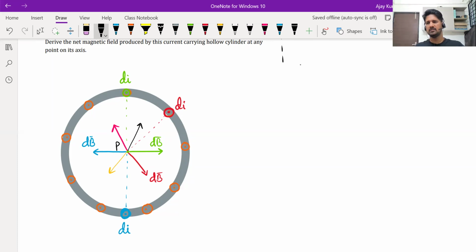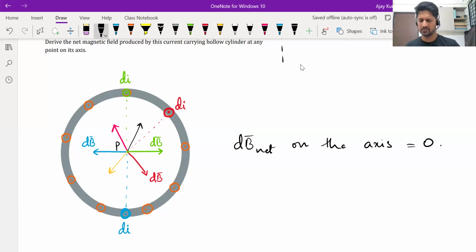They're all of the same strength and you have fields in every direction. What will the net field be? Zero. Net magnetic field on the axis will simply become 0. Okay, that's correct.